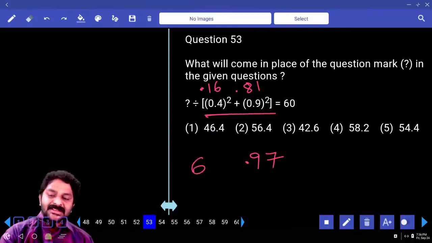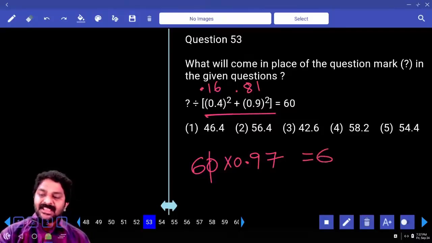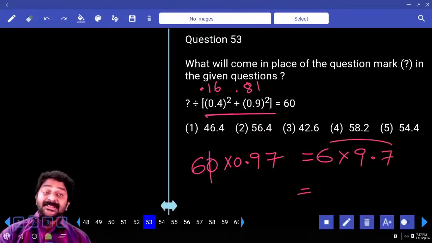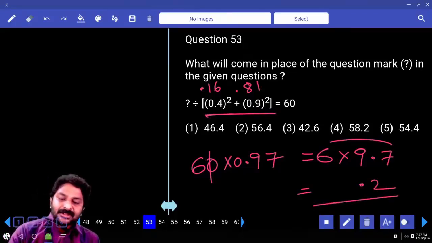When that goes to right hand side, it becomes 6 into 0.97 only. 0, 10 and then decimal gets cancelled. So this is equal to 6 into 9.7. Last digit verification, 6 into 7 ends with 2. So answer ends with 0.2. How many options are there? Only one. Fourth option final.